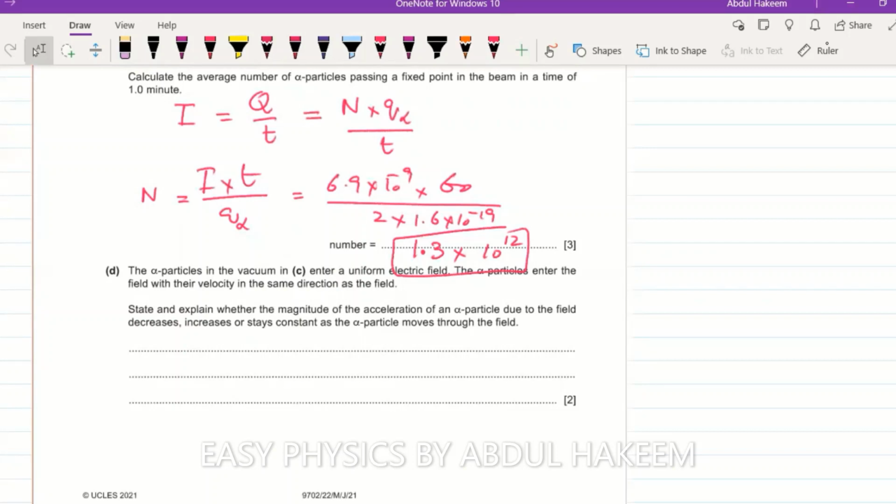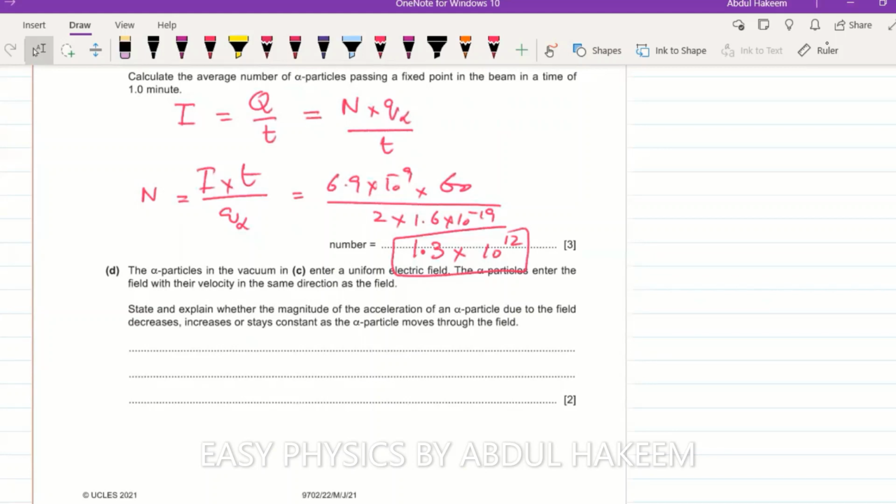Question is, alpha particles in the vacuum enter the uniform electric field with their velocities in the same direction as the field. State and explain whether the magnitude of acceleration of the alpha particle due to the field increases or decreases.